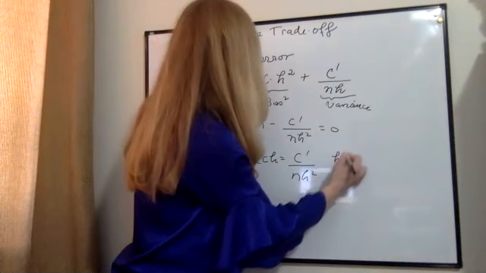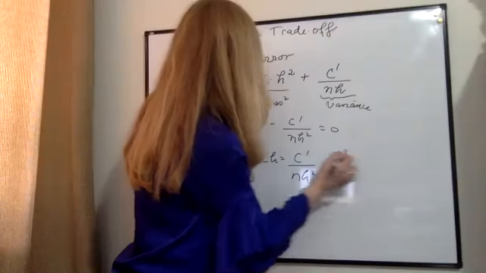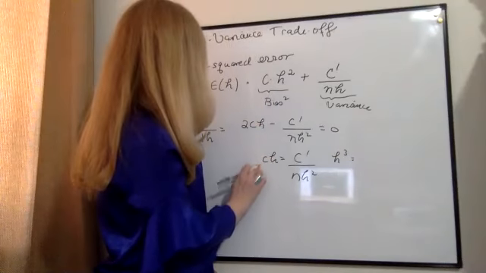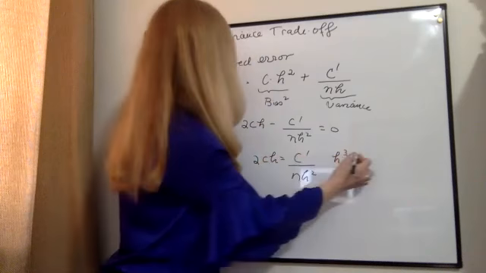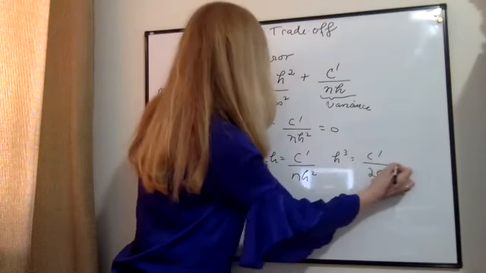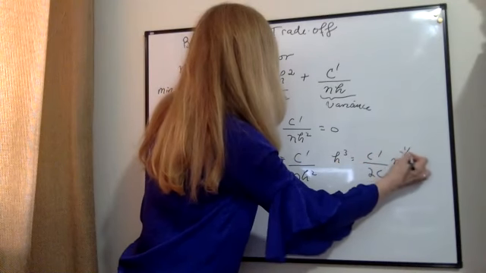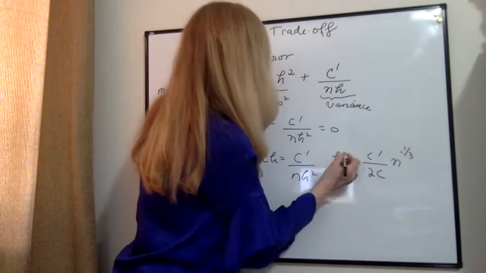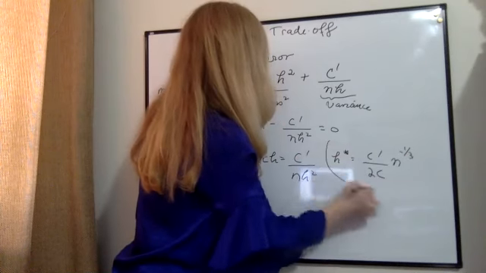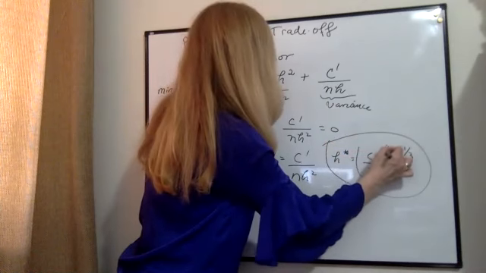So we get h cubed equals, let's see, this is a 2, h cubed equals C prime over 2C n to the minus 1, and then we take the cube root. So this is the formula, and this is also going to be to the 1/3.